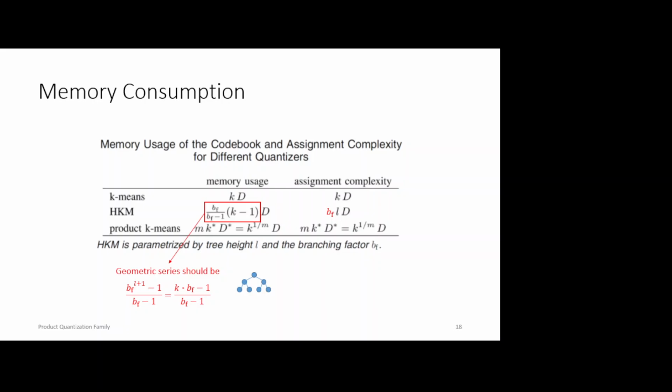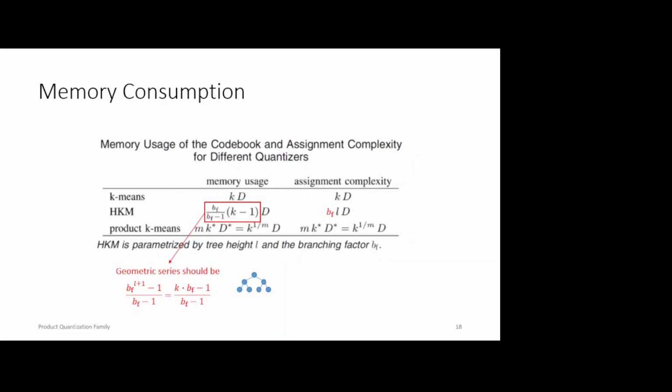And how about the assignment complexity? The assignment complexity will not depend on K because it's hierarchical. Each time you are given data x, you just see which cluster is close to you, and then suppose the left node is closer, then you go here and compare these subclusters.